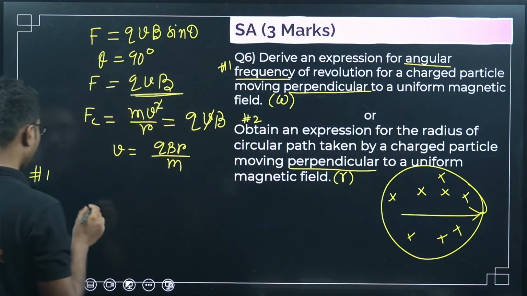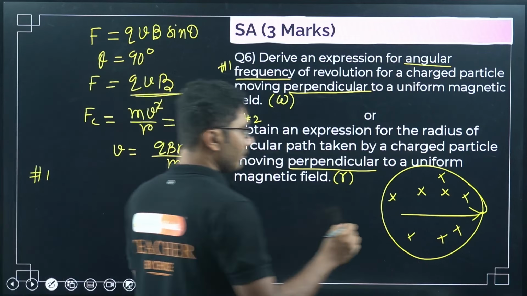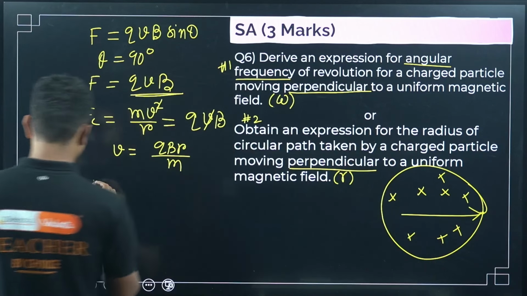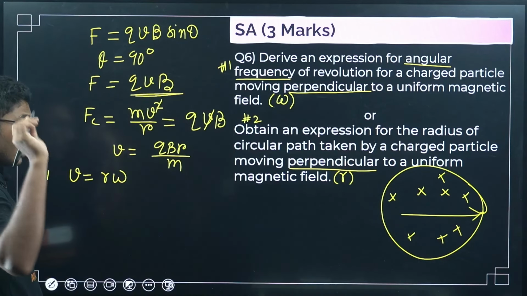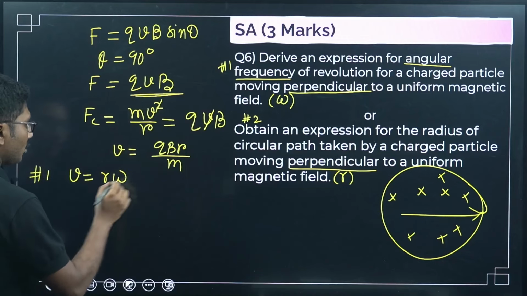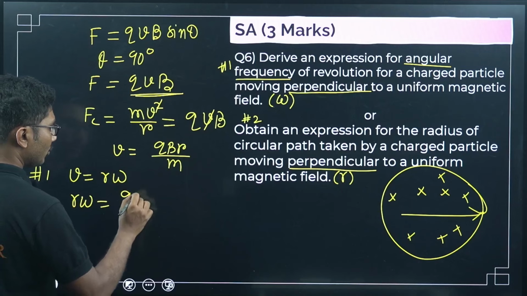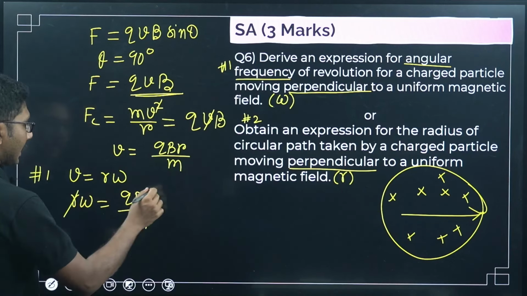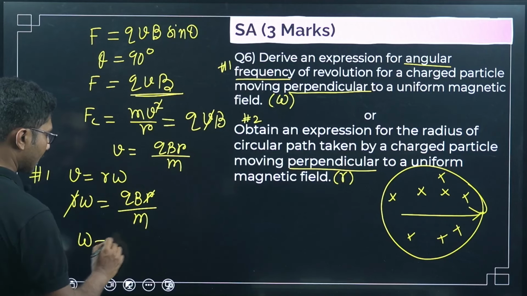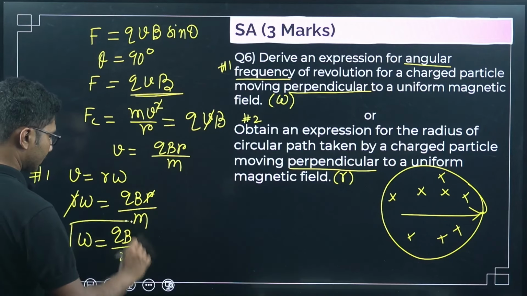For question number 1, from here we have to use the formula v equals r omega. This is a rotational motion concept. I hope you remember. So v is equal to r omega, or r omega is equal to QBr by m, or r cancels. So angular frequency omega is equal to QB by m. This is the first part.